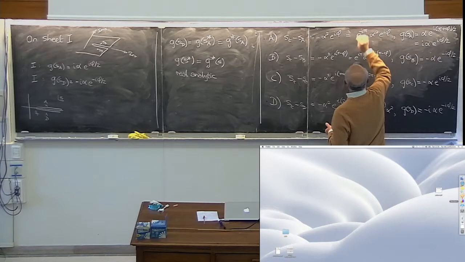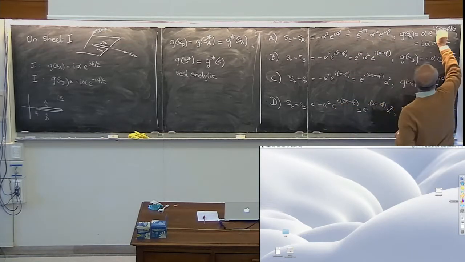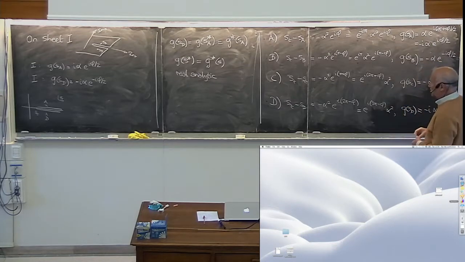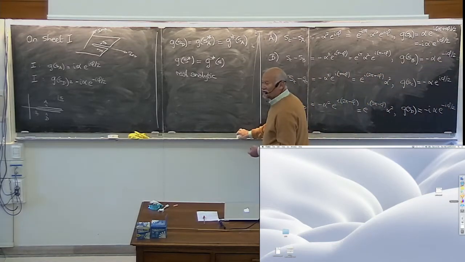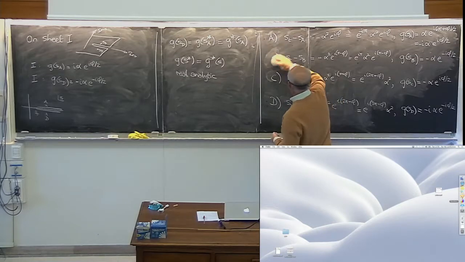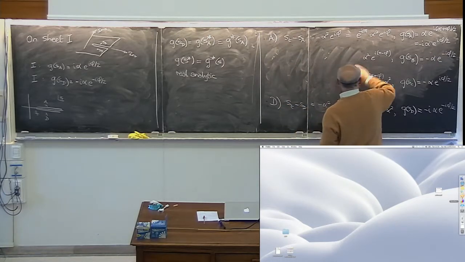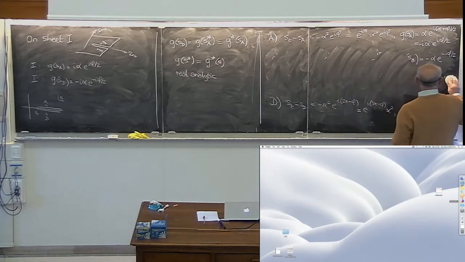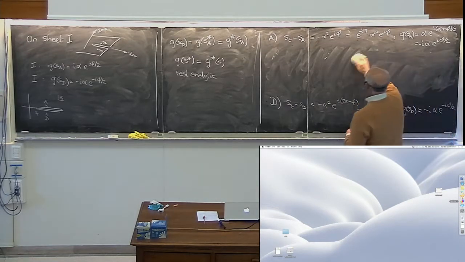I can put a minus sign there, a minus sign there, and I get a minus sign there. That's not a surprise because we've taken the opposite square root. It's not going to change these guys, so we don't need to worry about them.